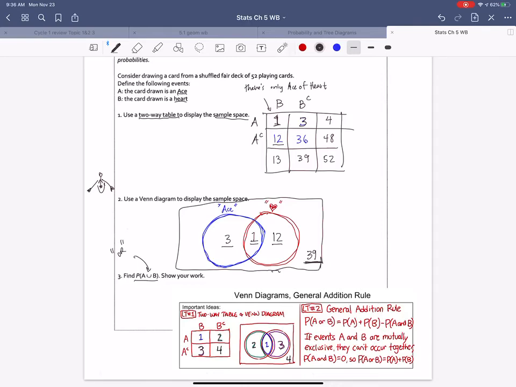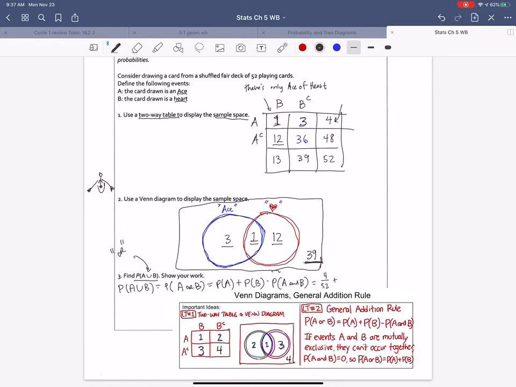Okay. So now we started this before on the last page and we didn't finish it. So the probability of A or B, and we could write it in either notation type, is going to be equal to the probability of A plus the probability of B minus the probability of A and B. Okay, so we know that the probability of A is 4 over 52.